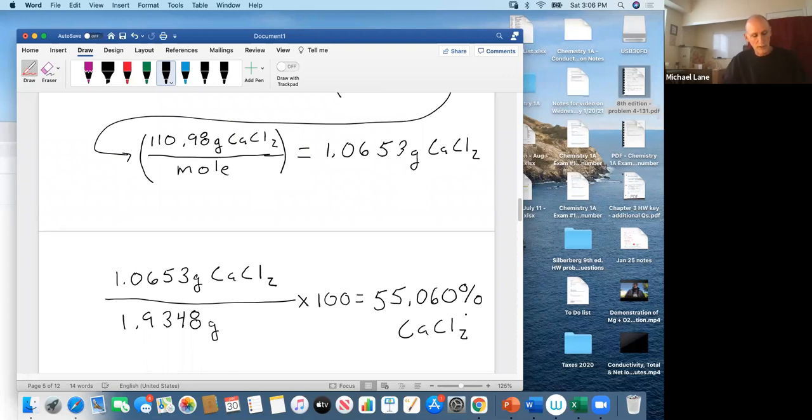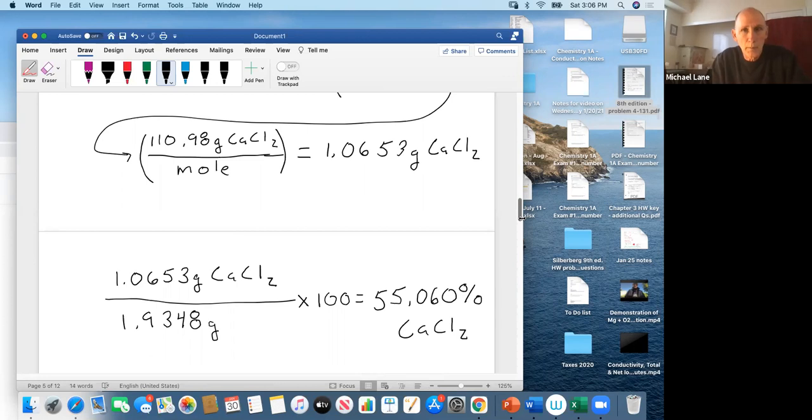So sometimes if you get an answer different than the book, it's possible that there's an error in there somewhere. So, for number 131, in fact, 55.06% mass calcium chloride. So I did get the exact same values the book had, which is comforting. It means I likely did not make a mistake.